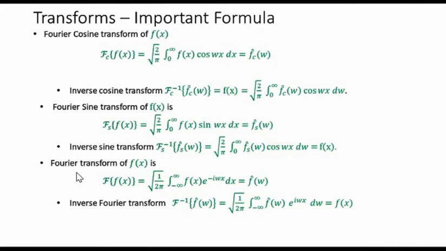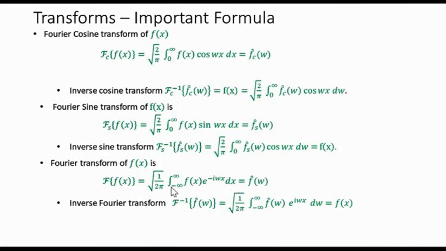The third formula is that of the Fourier transform of f of x, which is denoted as F of f of x, or F cap omega, and it is written as root of 1 by 2 pi integral minus infinity to infinity f of x into e raised to minus i omega x dx.